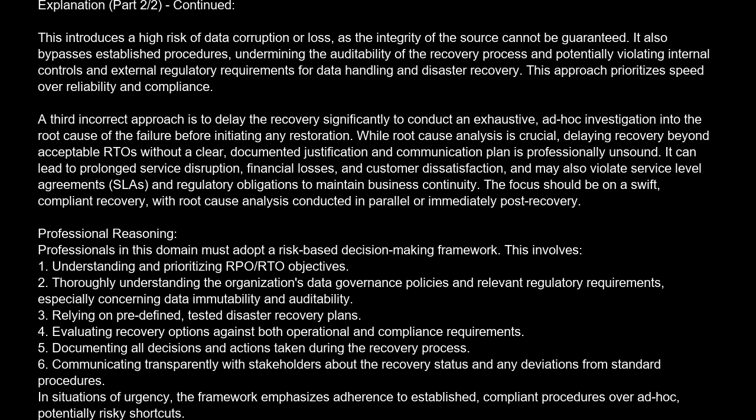Evaluating recovery options against both operational and compliance requirements. 5. Documenting all decisions and actions taken during the recovery process. 6. Communicating transparently with stakeholders about the recovery status and any deviations from standard procedures. In situations of urgency, the framework emphasizes adherence to established, compliant procedures over ad hoc, potentially risky shortcuts.